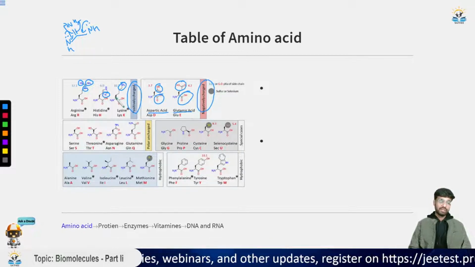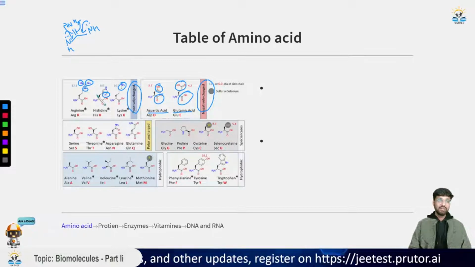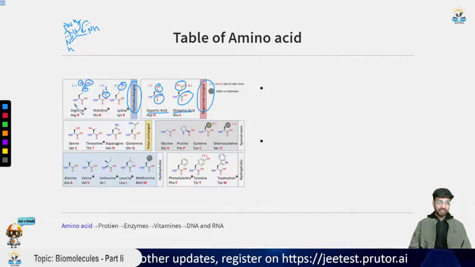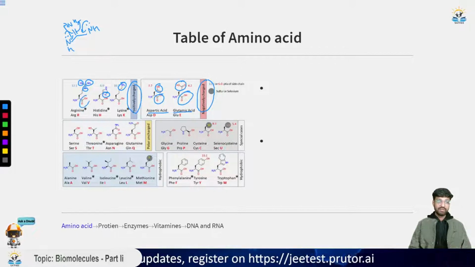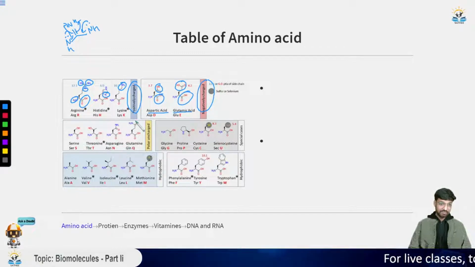Because if we decrease the pH and all of these are protonated, then this COOH and NH2 will of course be neutralized, but the extra amount of H plus will be taken by this NH and it will be positively charged. Similarly, at isoelectric point, this will have this O minus, this will have this plus, but this group will have an extra O minus, so it will be negatively charged.